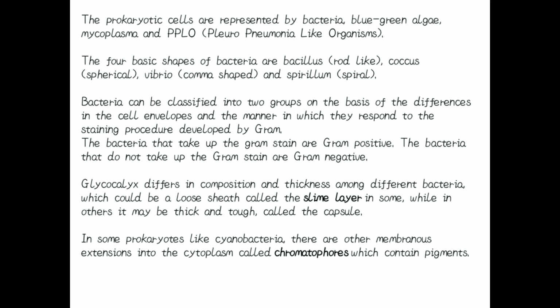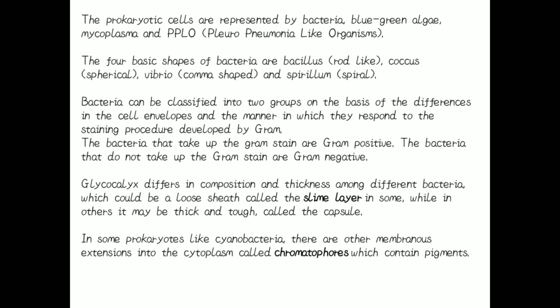The four basic shapes of the bacteria are bacillus, that is rod shaped, coccus, spherical shaped, vibrio, comma shaped, and spirillum, that is the spiral shape. Bacteria can be classified into two groups on the basis of differences in the cell envelope and the manner in which they respond to the staining procedure, that is the Gram staining.